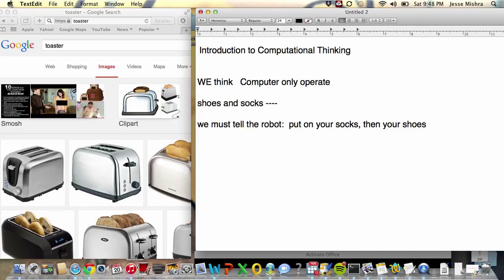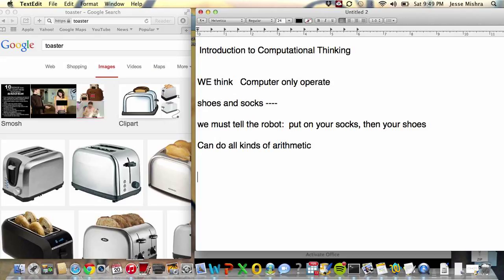So, one of the things that will help us to know about computers is to begin to develop some ideas of what they do, what they can do. And one of the things we know computers can do is all kinds of arithmetic and multiplication. So that's not news.